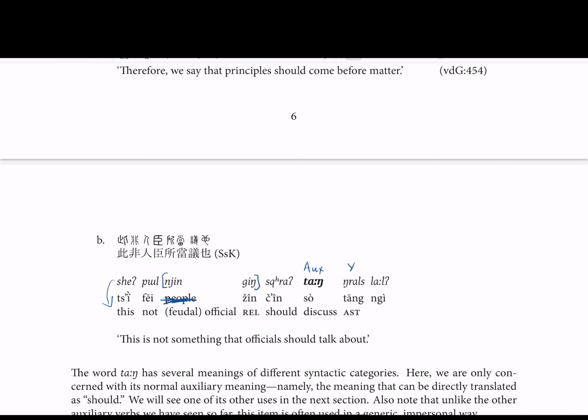And here skra is a relative pronoun standing for the object of the main verb discuss, that which a feudal official should discuss. And finally, dao is the assertive final particle supporting a nominal predicate, which we have learned in lesson 1. So the overall meaning of the sentence is, this is not that which a feudal official should discuss.